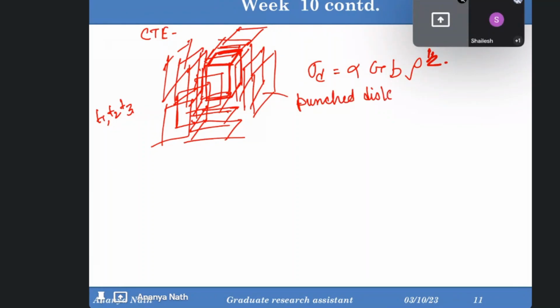Have you gone through the lectures? Yes, ma'am, I have gone through them. Then you have seen the picture now. Yes, ma'am. Actually, I was confused whether this is the plane or the extra half plane. No, no. These are punched dislocations, so a plane cannot be an extra half plane.